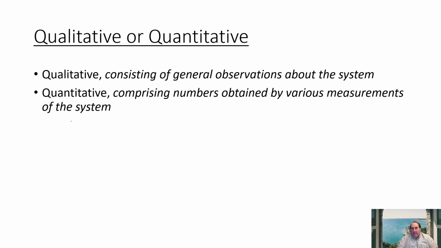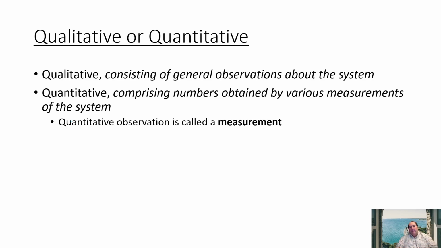So speaking of observations and measurements, there's two types of values that we come across, and that's qualitative and quantitative. Qualitative consists of just general observations about a system.